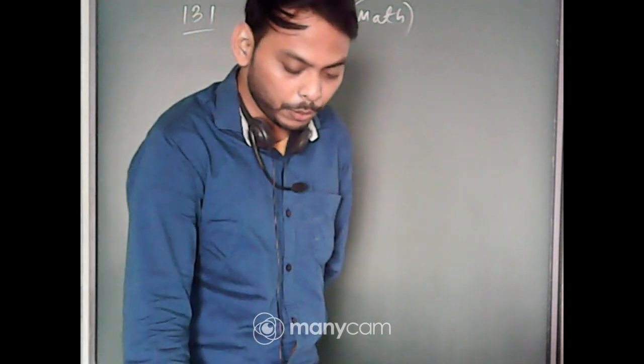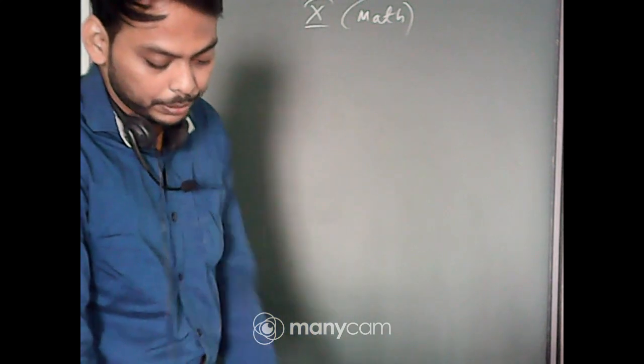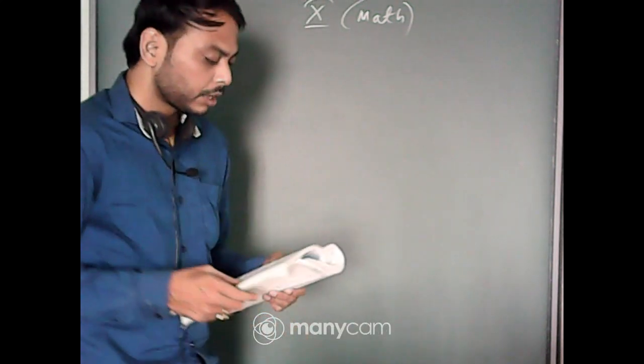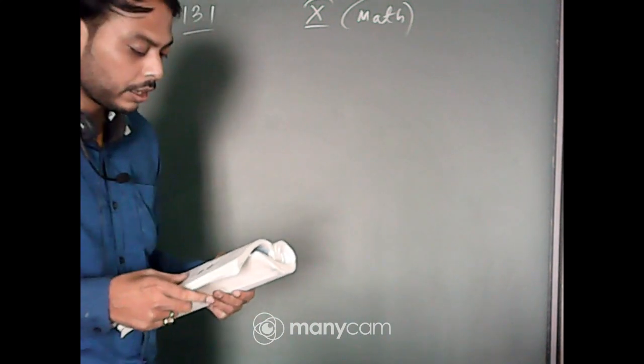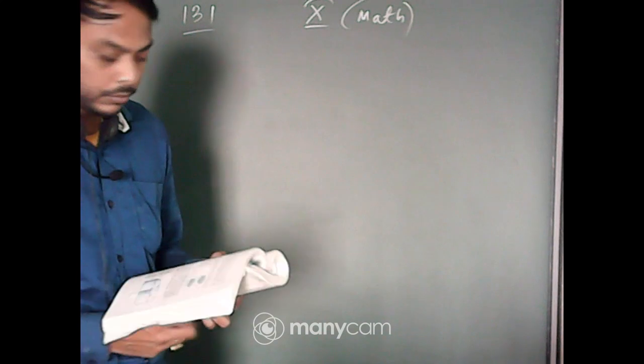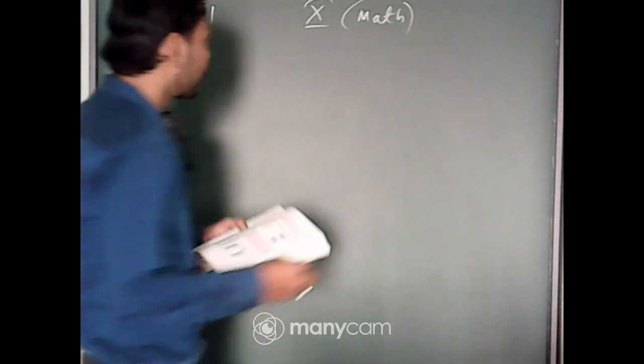Just go through the problem. This is a long problem. A tent is in the shape of a cylinder surmounted by a conical top.